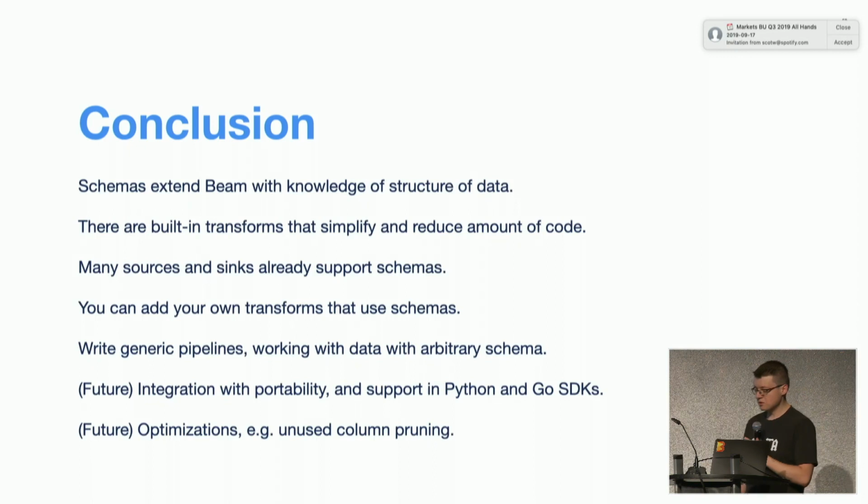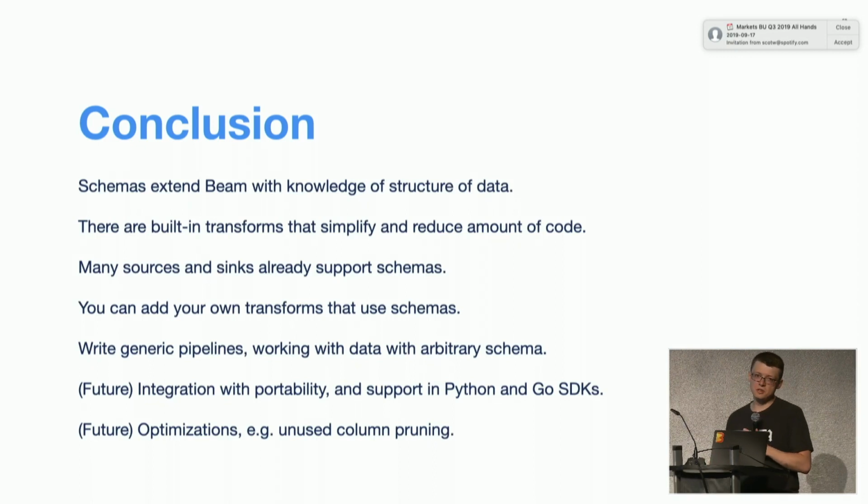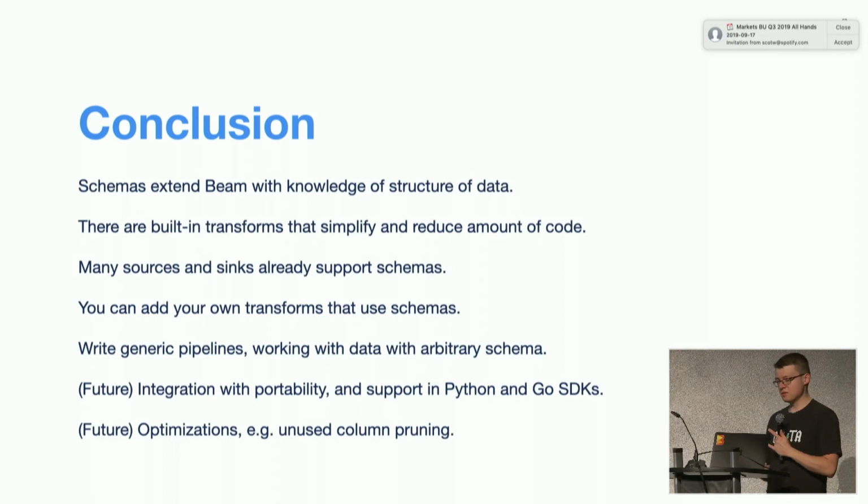So if you build a data warehouse where you have thousands of pipelines, you can make most of them generic pipelines that will be parameterized by some configuration file or will work on arbitrary schema. It's very powerful. We do it at Spotify a lot for our experimentation system.